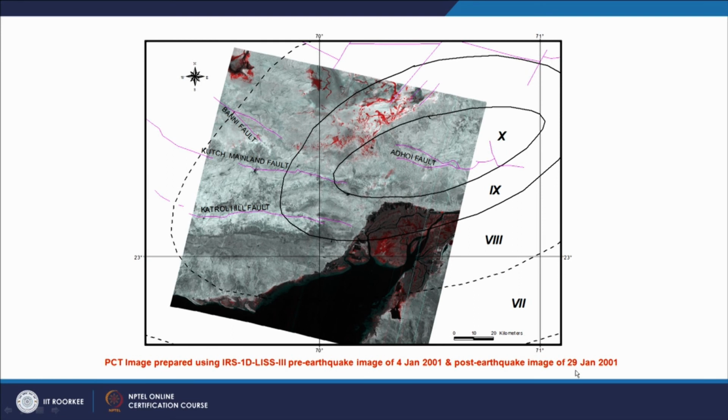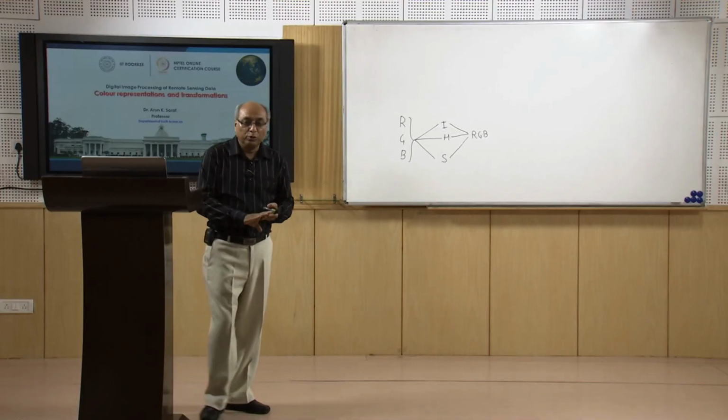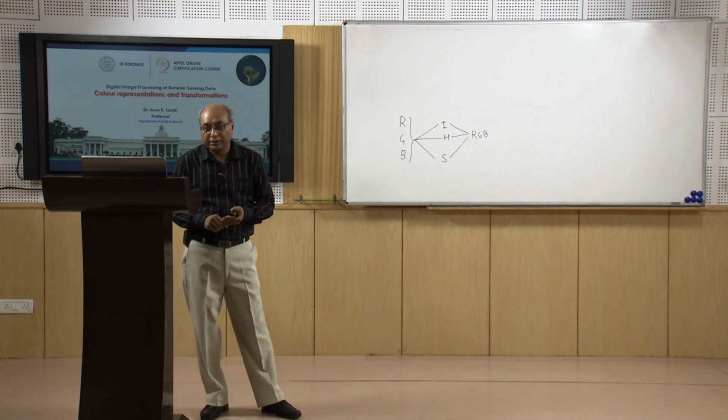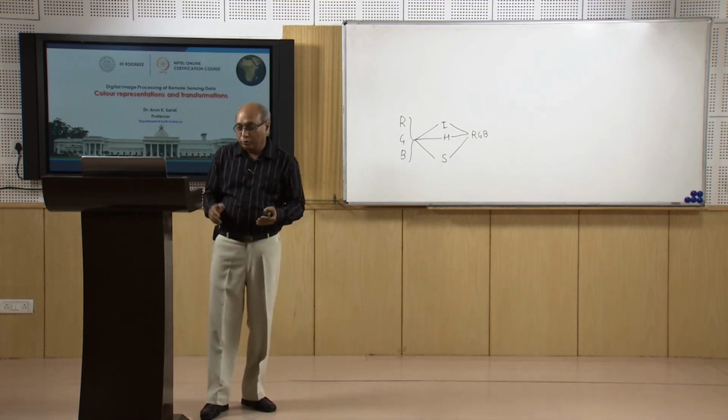Then after the earthquake, on 29th January, another image was acquired of the same area. Luckily both images, the 4th January and 29th January 2001 images, were completely cloud free. So the best thing is first to do as good an image to image registration as possible, which is not very difficult to perform.